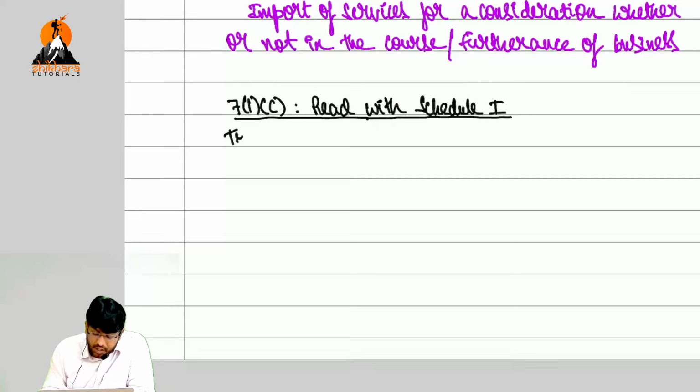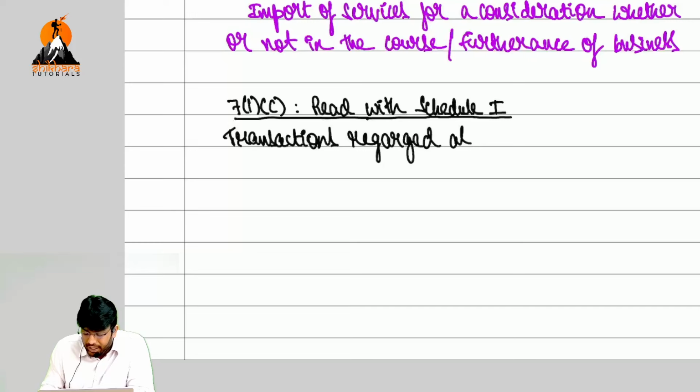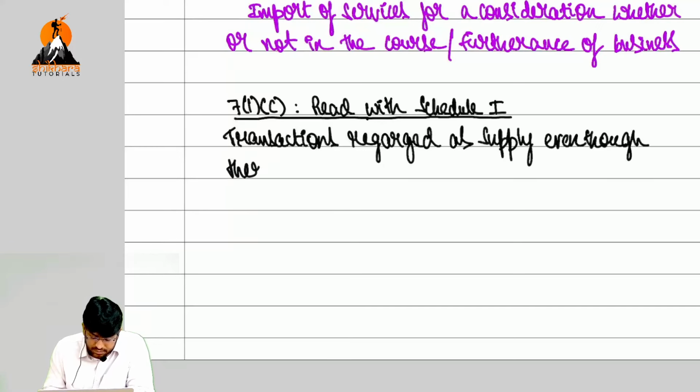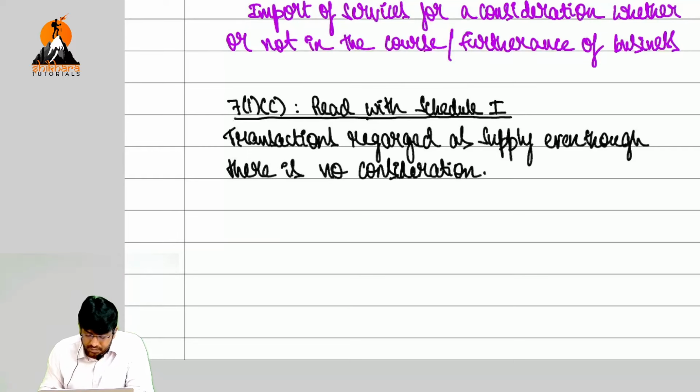And 7.1c talks about transactions regarded as supply even though there is no consideration. Oh my God, dangerous point, my dear friends. Come on, read that line again. Transactions regarded as supply even though there is no consideration. Money is not there, but the law is telling us to still pay GST.